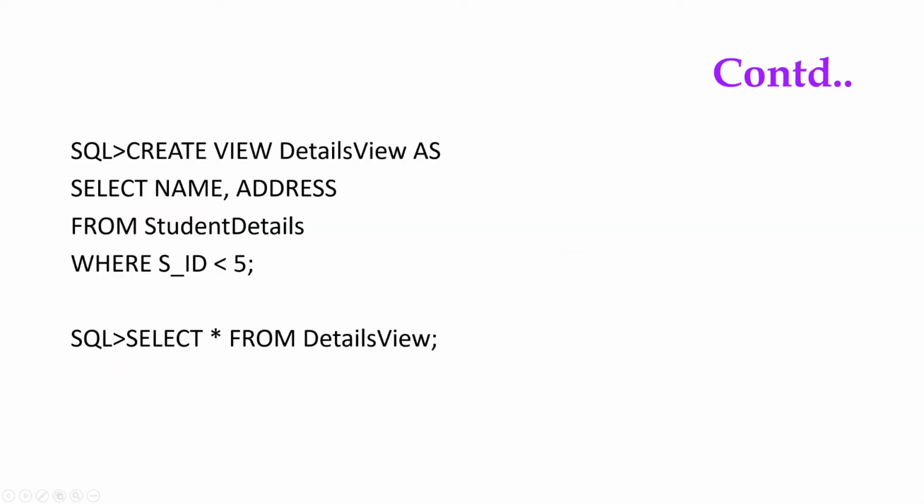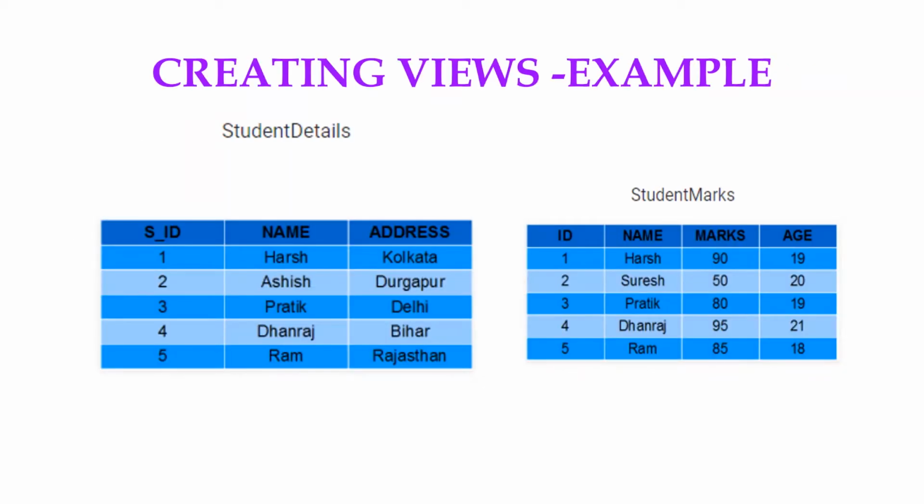Now I am going to create a view called details view, that is, my view name is details view, as select name, address from student details where student ID is less than 5. So when I execute this statement, what happens? I want to display the name and address from the student details where my student ID is less than 5, meaning the first 4 entries of the student details table will be displayed as a view.